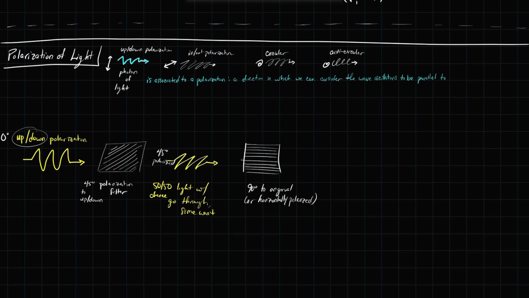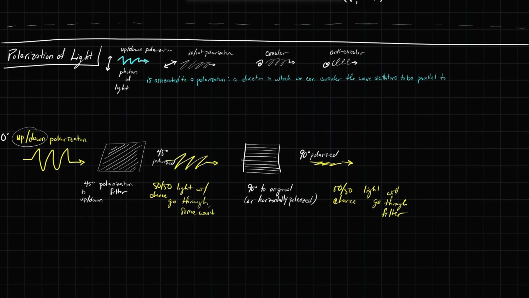Then the 45 degrees polarized light will again have a 50-50 chance to go through. And so something eventually makes its way through. It pops out, and it's horizontally polarized, also known as 90 degrees polarized.